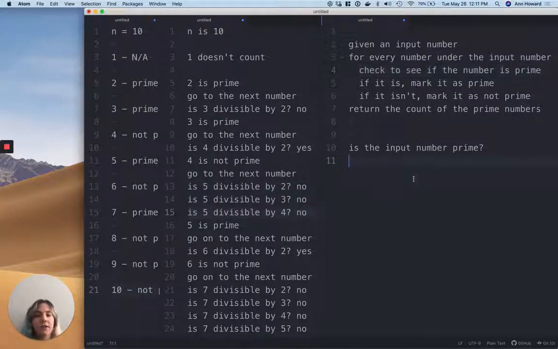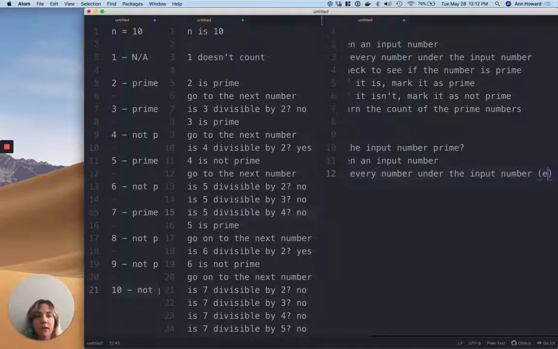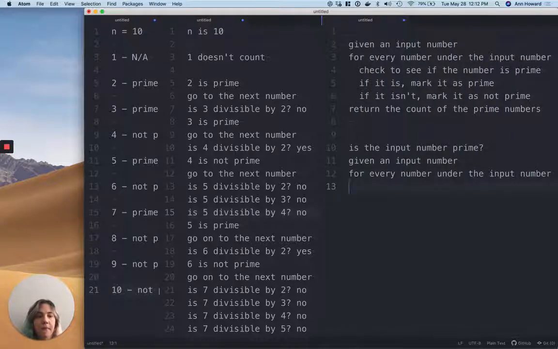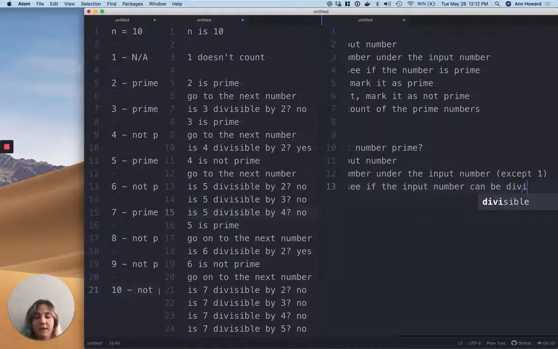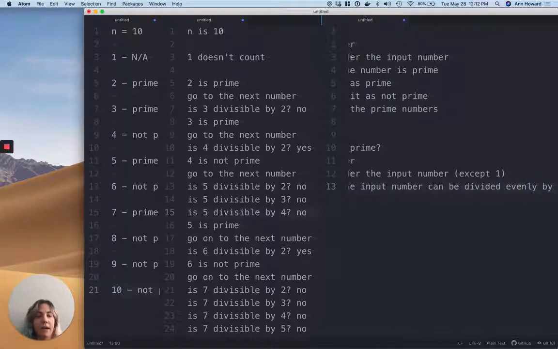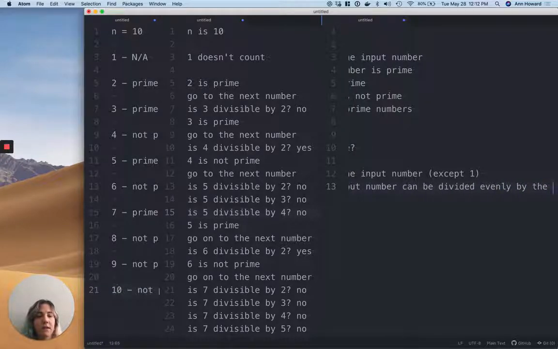There's a bunch of stuff going on in here that helps us to check to see if the number is prime, right? So, given an input number, for every number under the input number except 1, check to see if the input number can be divided evenly by the other number.